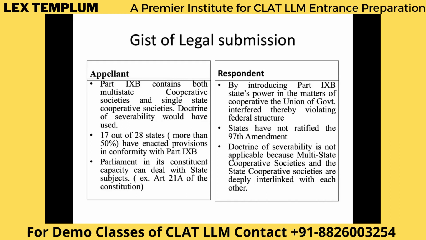Now, the counter submission by the respondents was that by introducing Part 9B, the union government interfered in the states' power over cooperatives, violating the federal structure. They said that states have not ratified the 97th Amendment. They also mentioned that the doctrine of severability is not applicable because multi-state cooperative societies and state cooperative societies are deeply interlinked with each other.